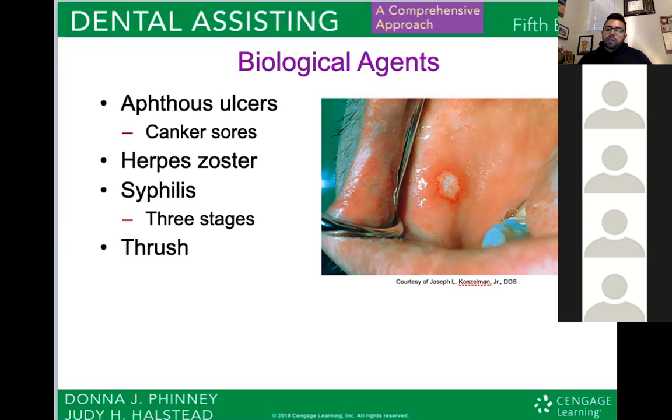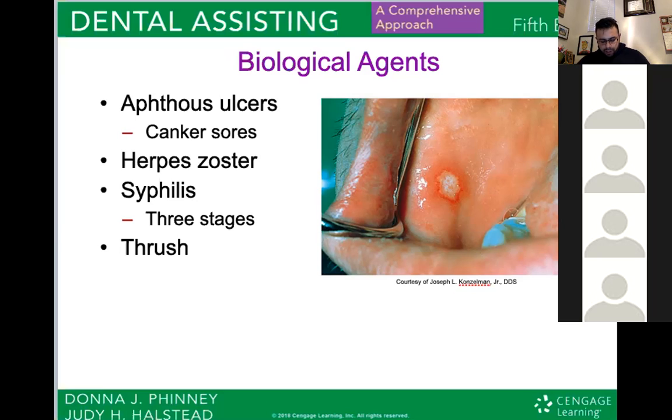And then during the third stage, a gummy or localized lesion appears, and it can also occur years after non-treatment. If somebody has syphilis and they don't treat it for years, we have these localized lesions that appear everywhere, and it can actually destroy bone and cartilage.